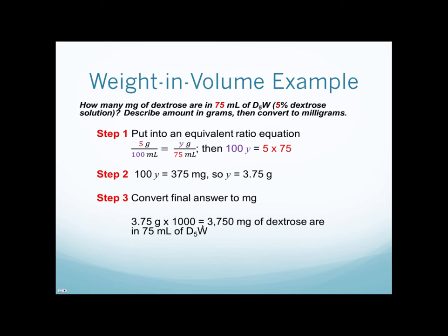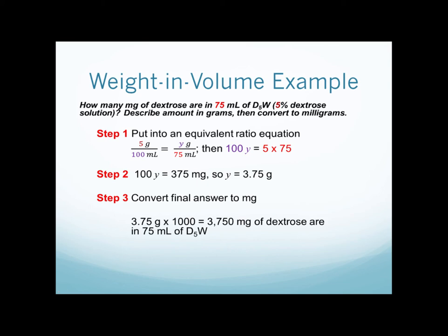So here's a weight and volume example. How many milligrams of dextrose are in 75 mLs of D5W? They want you to describe the amount in grams and then convert to milligrams. So D5W, you should know this, is 5 grams of dextrose in 100 mLs of water. So that's going to equal x over 75 mLs, where what you're trying to solve for is x.